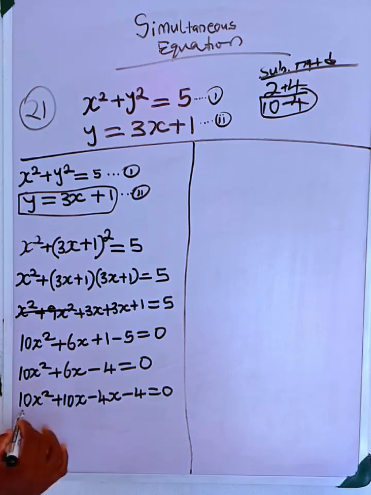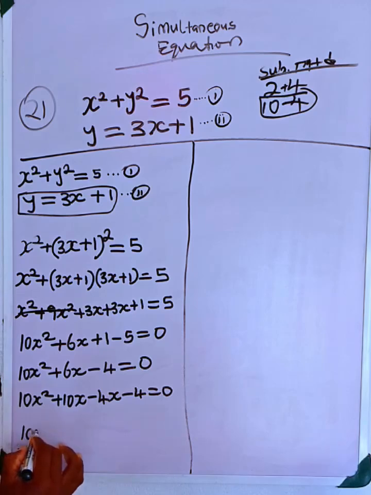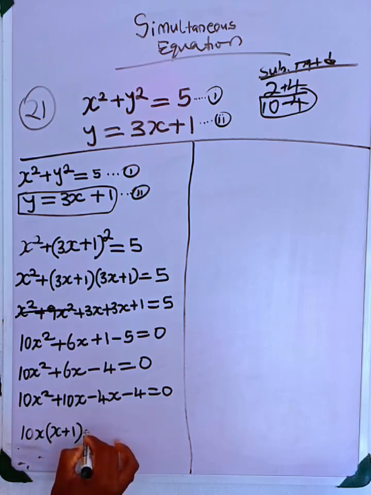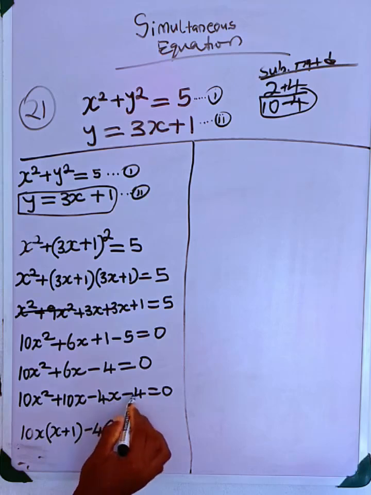What is common here and here is 10x. Bracket. What is left here is x. What is common between this and this? 10x divided by 10x gives 1. Bracket close. Bracket will open again. What is common here is minus 4. What is left is x. Minus 4 divided by minus 4 gives 1.